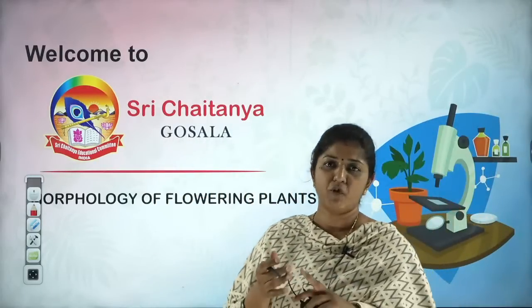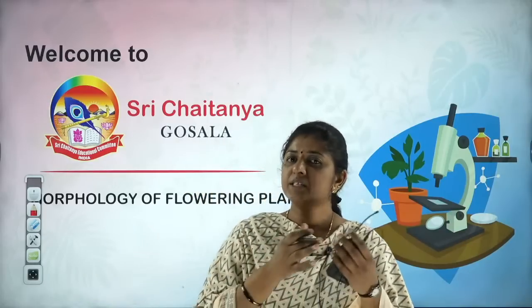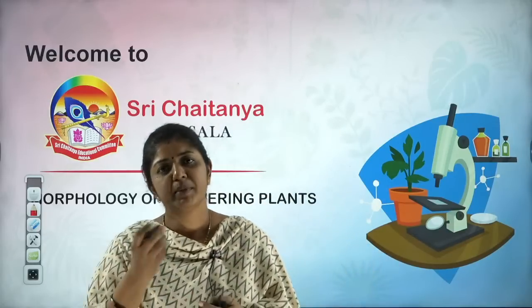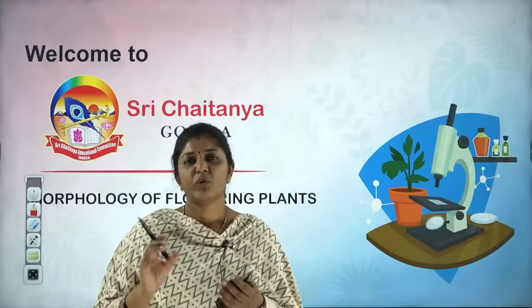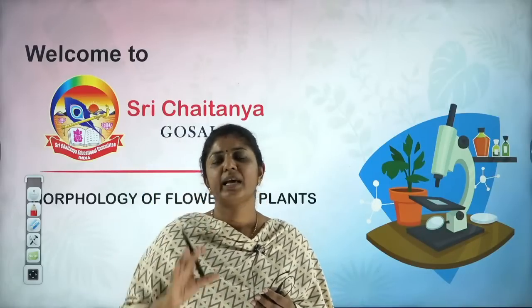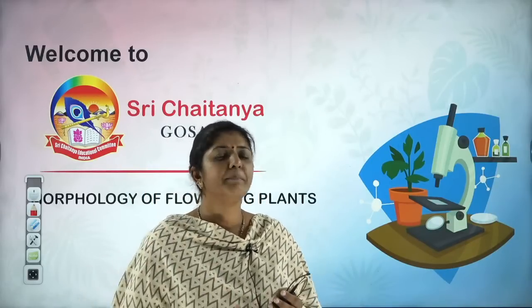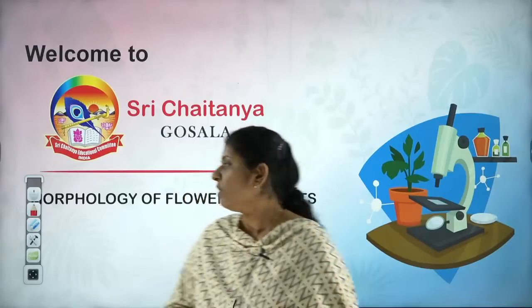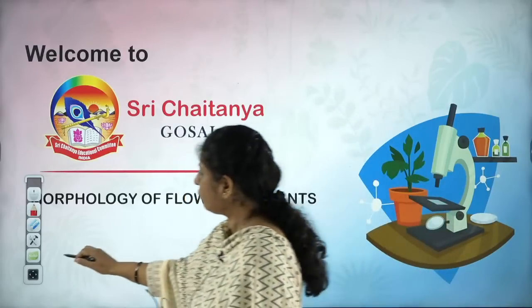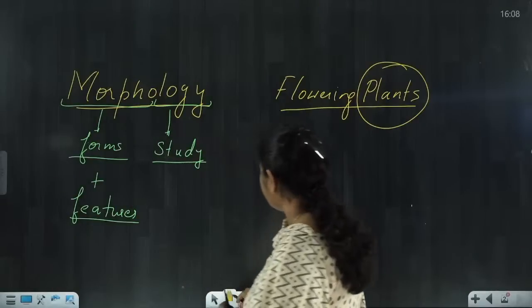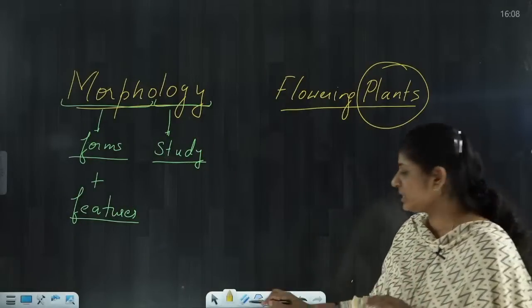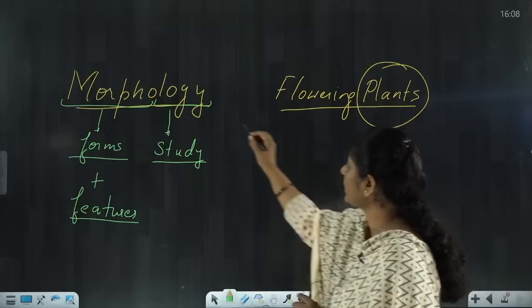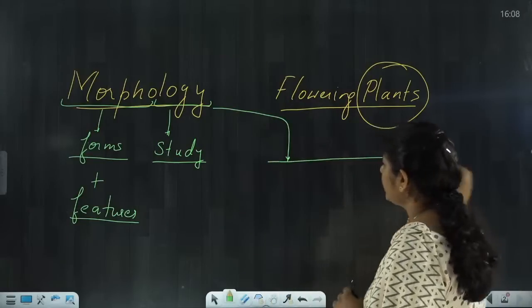Morpho means form, ology means study. Wherever you find this as prefix or suffix, the meaning will remain the same. You only have to apply it as a formula and get the meaning. Fine? Okay. Now we enter this topic by saying that morphology will be of two types. What are the two types?